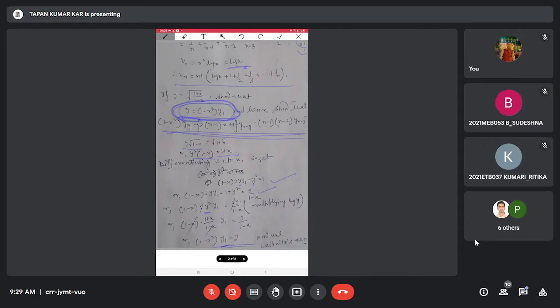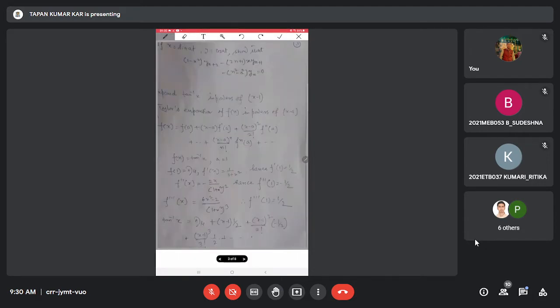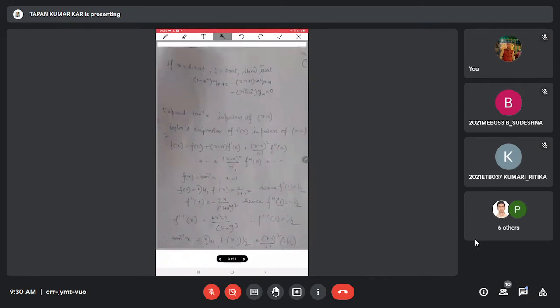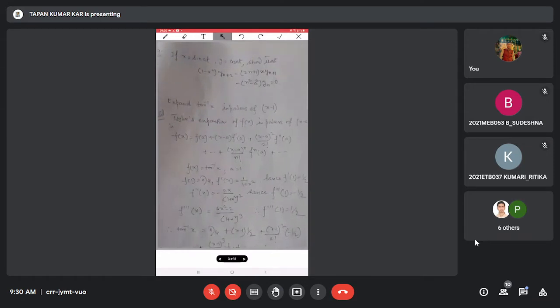If in the given question there is no square root, suppose it is y equal to 1 plus x by 1 minus x, then you don't have to do anything like that. Just write 1 minus x into y equal to 1 plus x, then apply the Leibniz theorem. But usually when we find that there is a square root, etc., first eliminate the square root, then use this one.